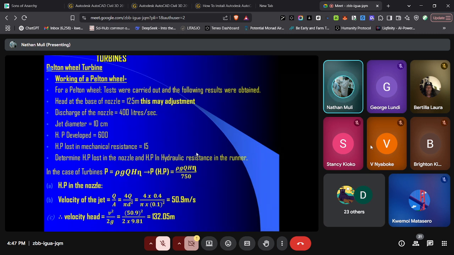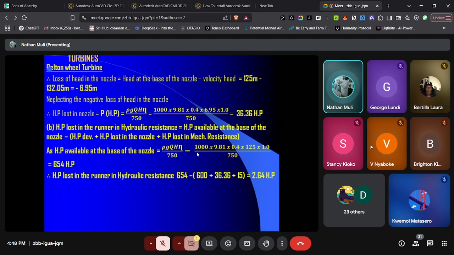Therefore, velocity head V squared upon 2g equals 50.9 squared by 2 times 9.81, to give 132.05 meters.